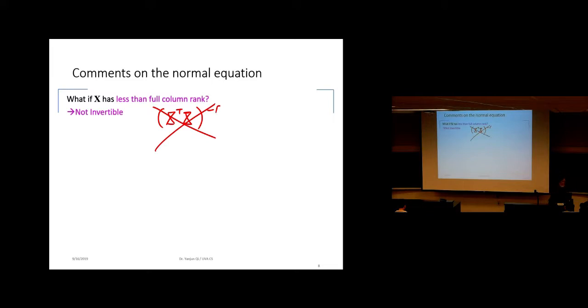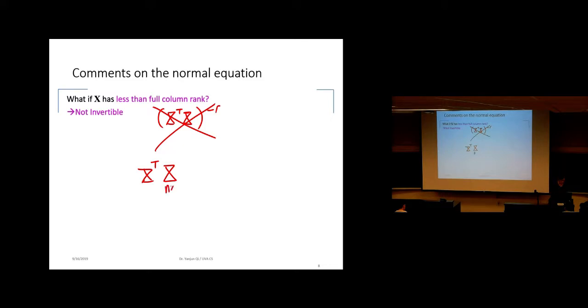It's pretty easy to derive this, but let's first clarify: what is the size of X transpose X? What's the size of this matrix?